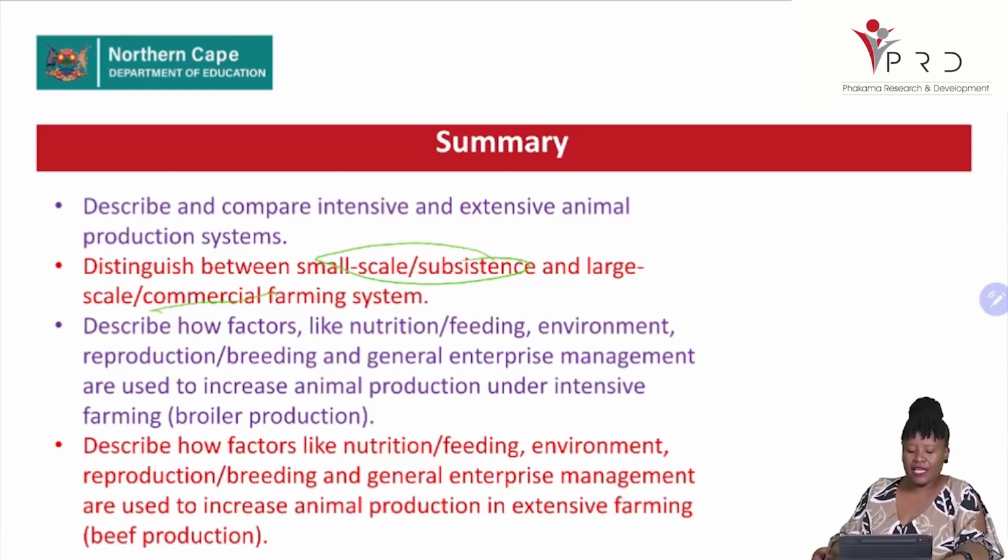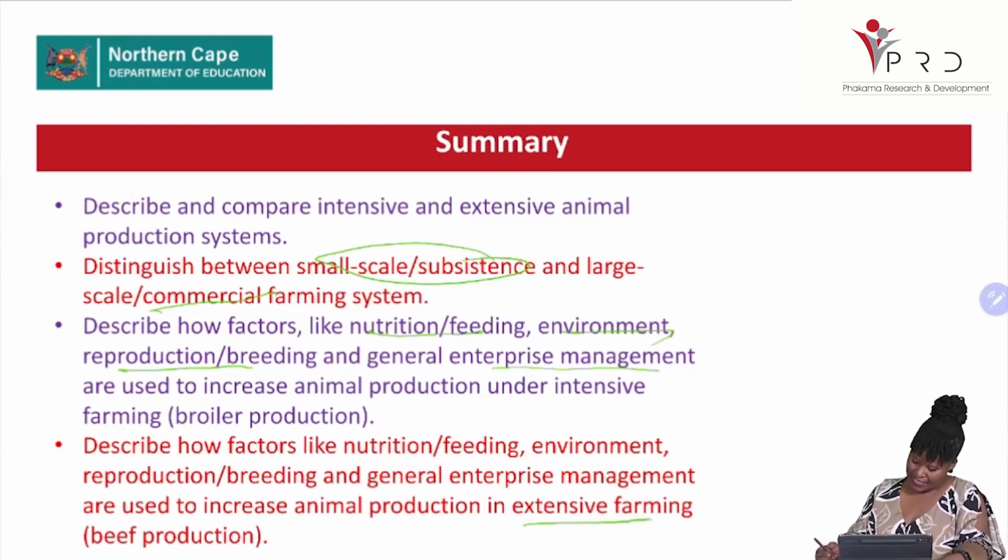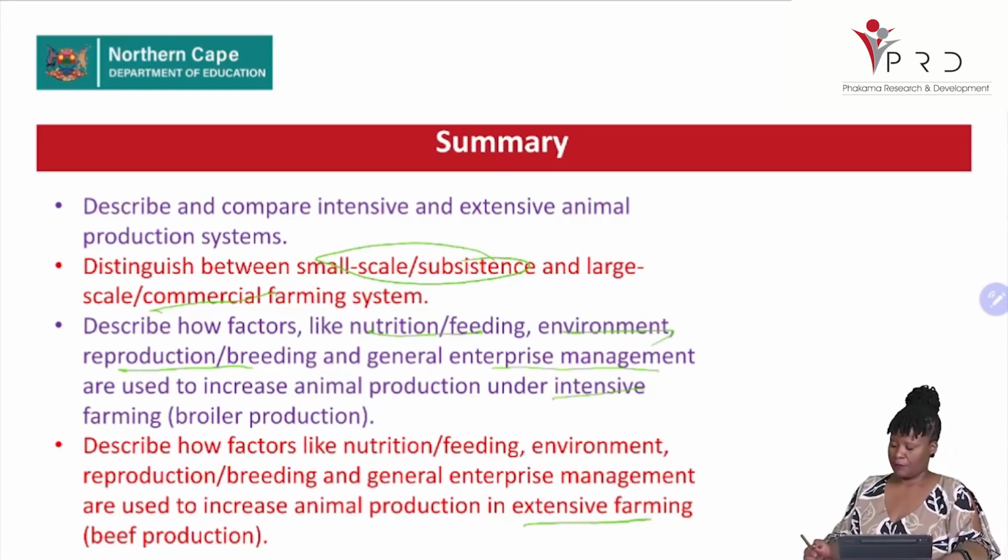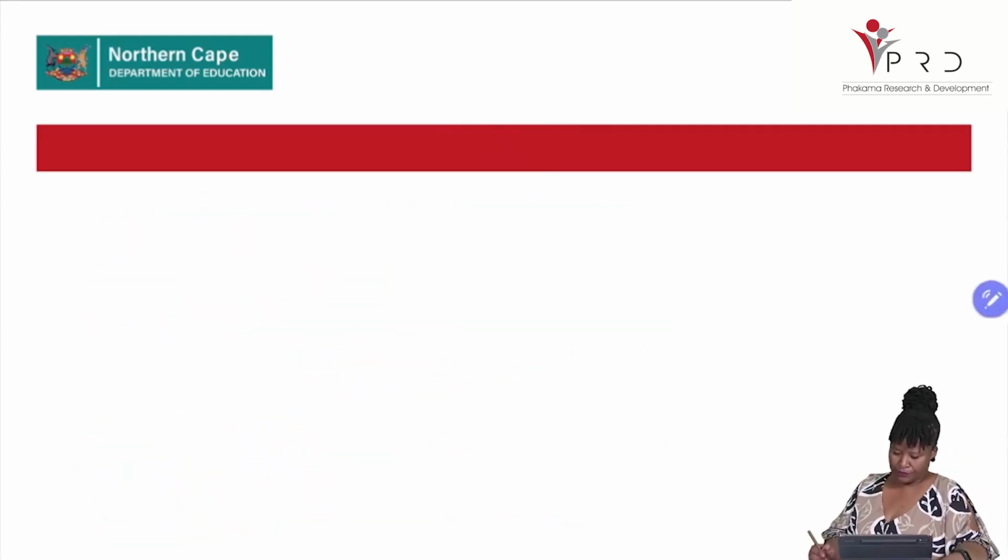We described how factors increase production systems, where we looked at nutrition, production, the environment and management. We also looked at how the feeding environment increases production in an extensive farming system, or in an intensive farming where broilers are produced.